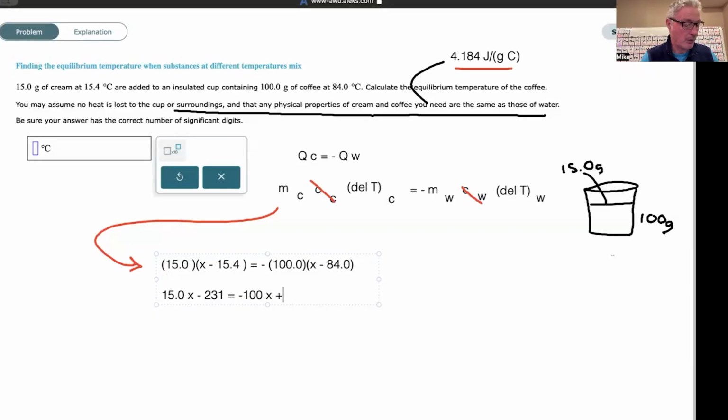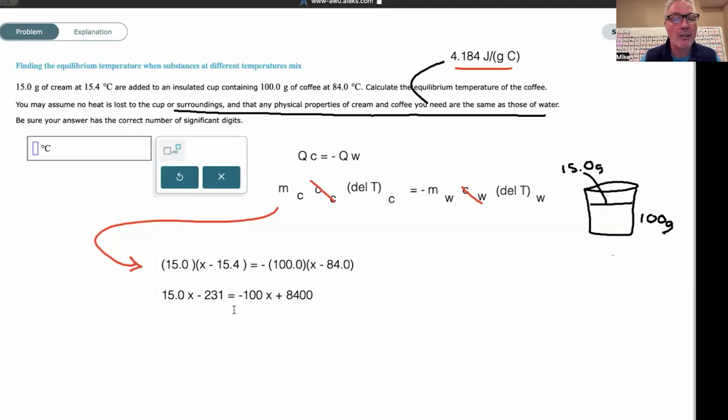I don't know why I'm doing that on my calculator. Just sues me. I knew it was 8,400. Positive 8,400 because of that negative sign. Negative 100 times negative 84. Remember, if you do something wrong, it'll come out in the wash here.